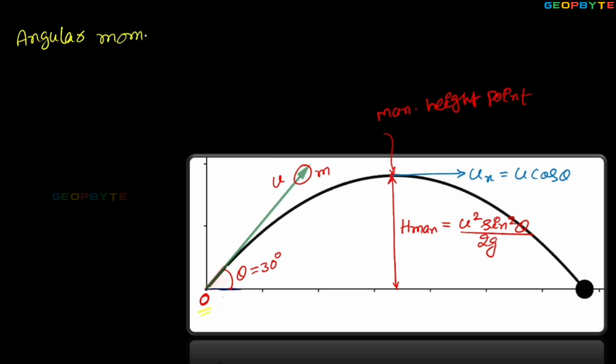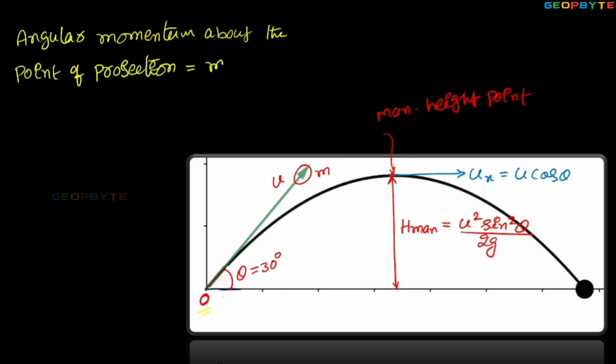angular momentum about the point of projection equal to mass of the projectile into horizontal component of velocity into maximum height.